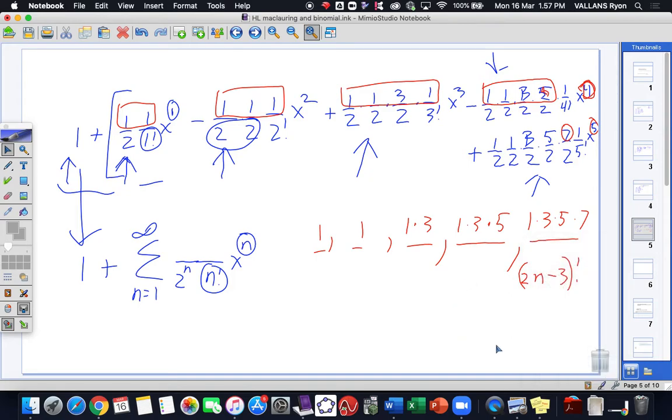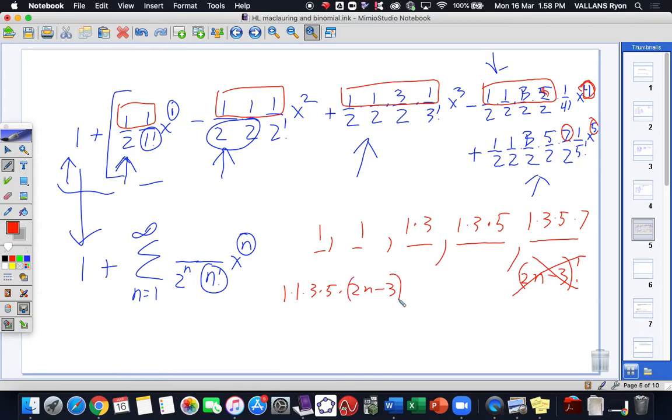The problem I have is this numerator ends up being 1 times 1 times 3 times 5 times, and it just keeps on going this way, all the way to the 2n minus 3. It's not factorial, that's the problem. So 1 times 3 times 5 times 2n minus 3.